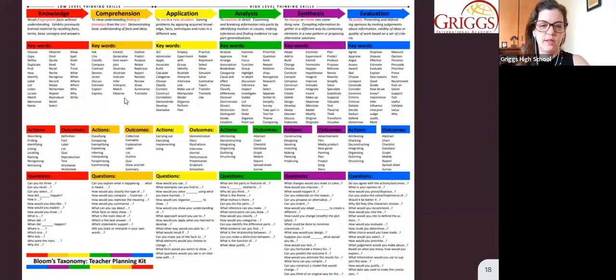Although there are some things that are, how do you say that, maybe contradictory, because you have discuss or interpret here, they could be considered higher level. And some words appear in more than one column.